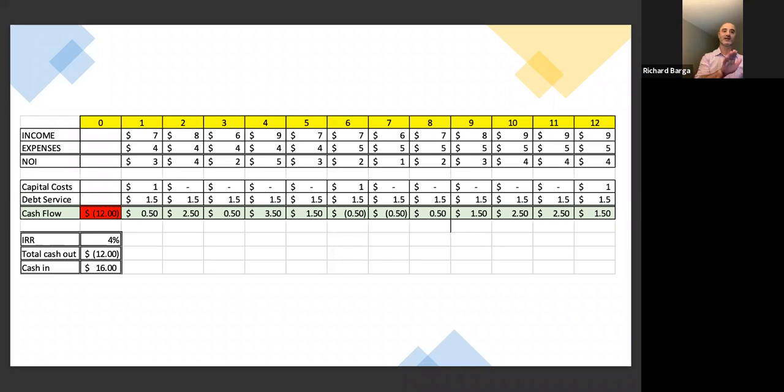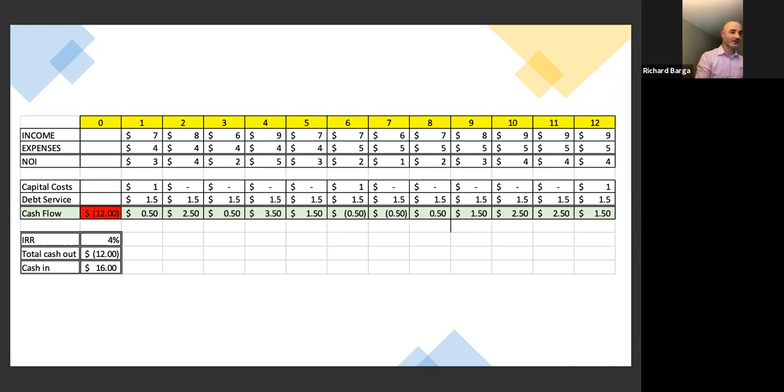We're not evaluating good and bad at this moment. All we're saying is that this is what this property is going to produce. If I pay $12 for it in year 0, and I know that all of these years' values are correct and we've analyzed everything, I'm going to make a 4% return on my initial investment.